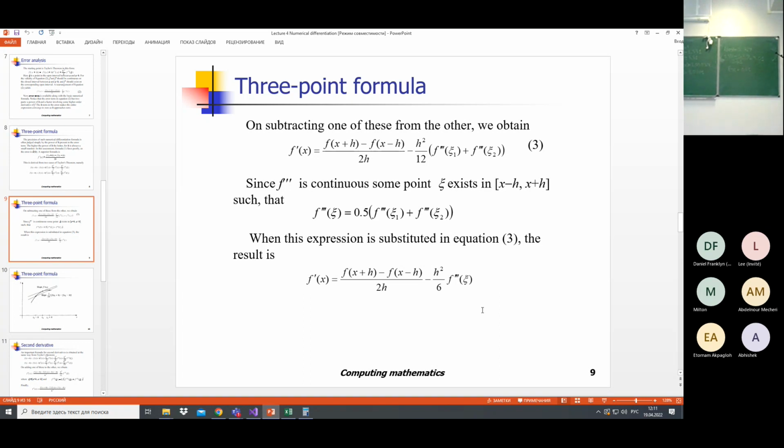It means when you decrease h 10 times, the error decreases 100 times. The previous formula, if you decrease the step 10 times, the error decreases also 10 times. It's good, but it's not very good. But here, if you decrease the step 10 times, the error decreases 100 times. This formula is very good in comparison with the previous one.